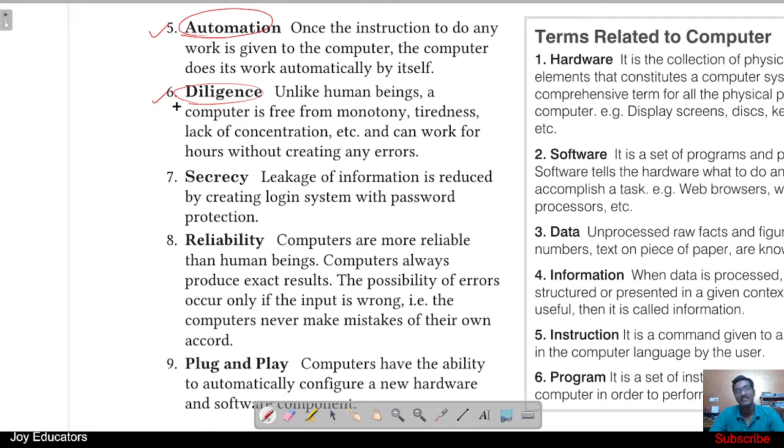If we are tired, we sleep, right? But the computer doesn't sleep. It has its own vigilance. Vigilance is something which is used for human beings. If I am driving a train and I sleep, the people behind me get lost.